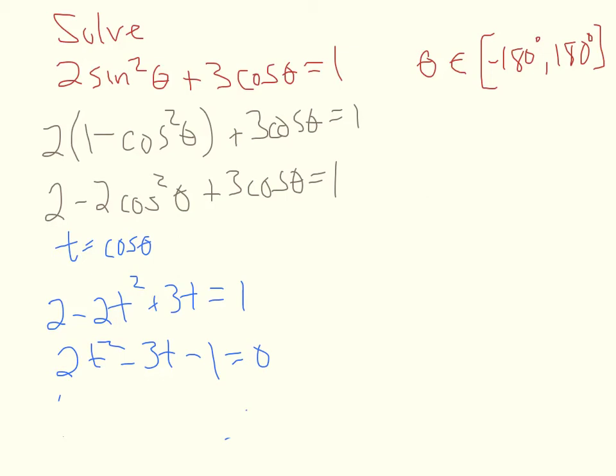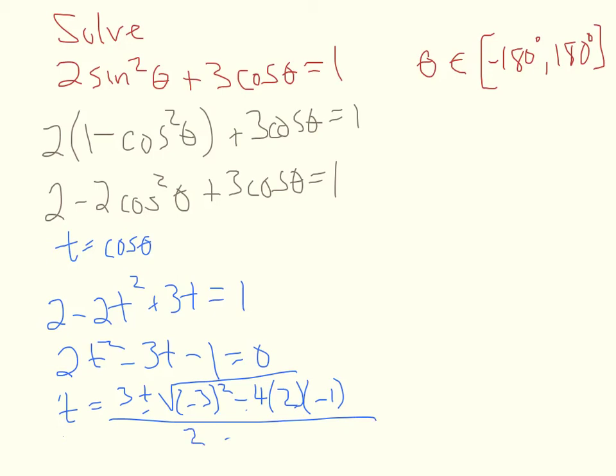We get t equals opposite b, plus or minus the square root of b squared minus 4 times ac, all over 2a.